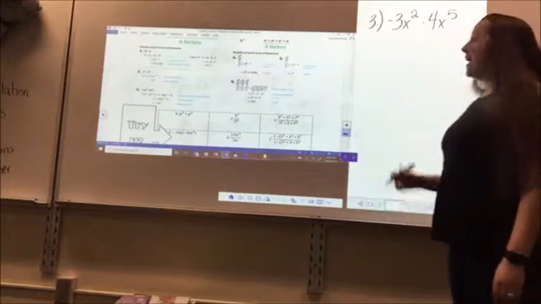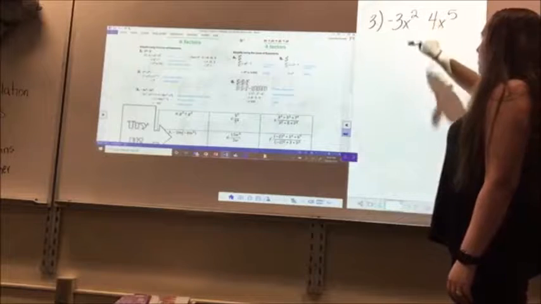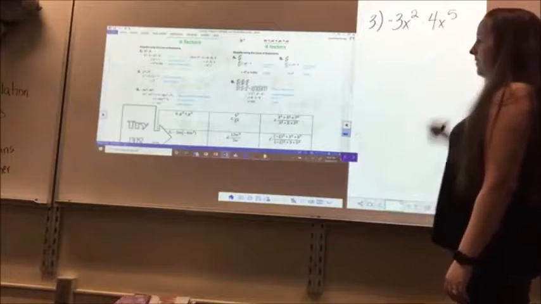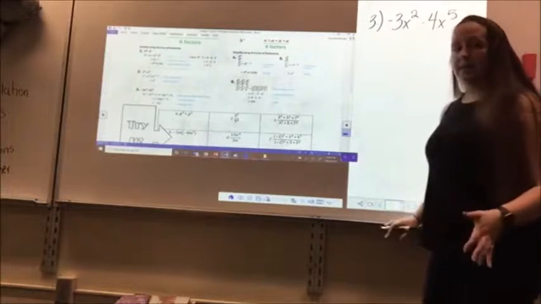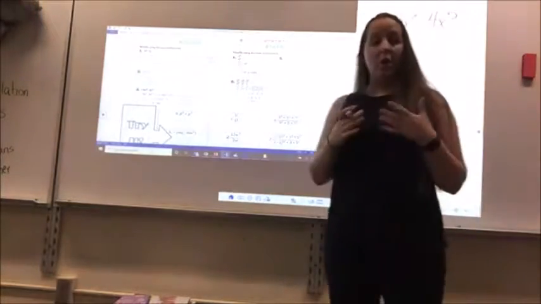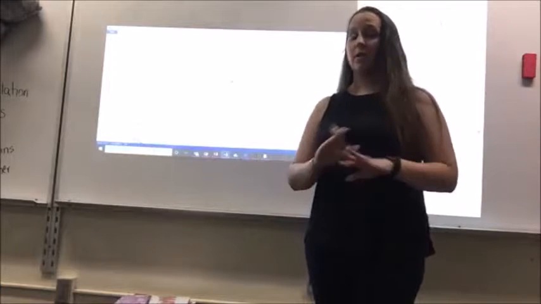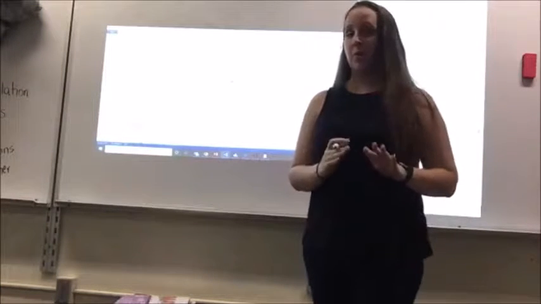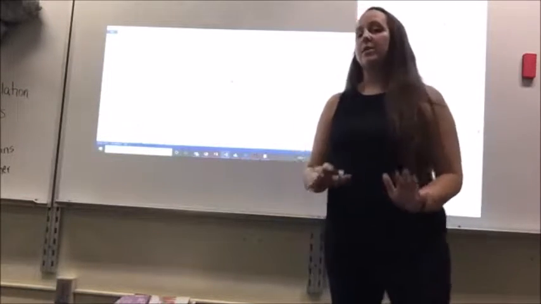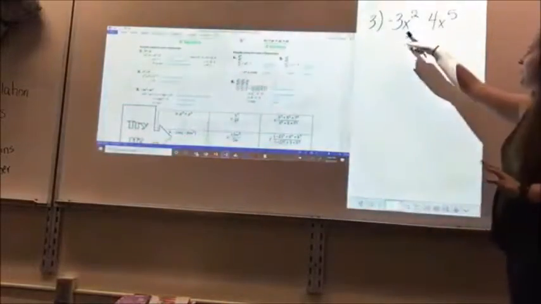So for number 3, I have negative 3x squared times 4x to the 5th. So what happens here is we have a coefficient out in front of our variable. You want to deal with the coefficients first. Do them like you normally would any other multiplication or division problem. So I have negative 3 times 4.